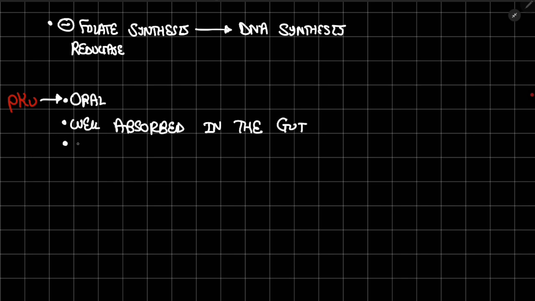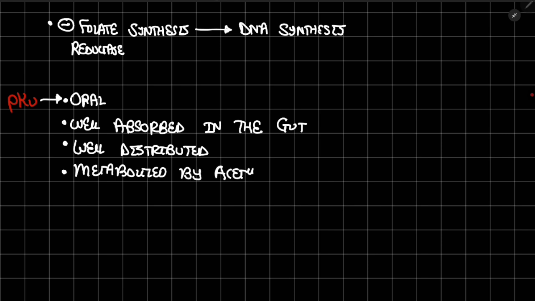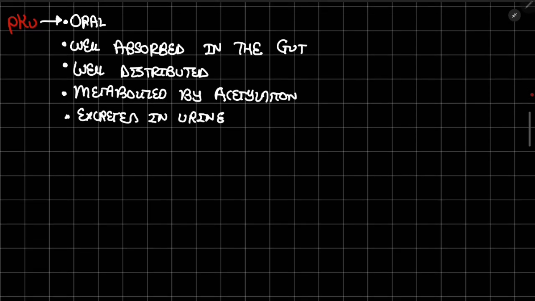It is well distributed, metabolized by acetylation, and excreted in urine. So it is an oral drug, well absorbed in the gut, well distributed, metabolized by acetylation, and excreted in urine.